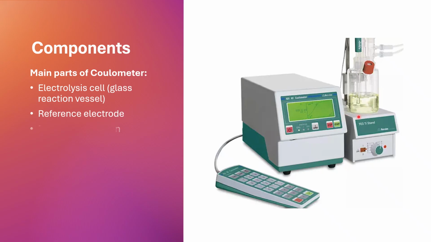And then the electrolyte solution, which is generally available as a ready-made commercial solution. And then the current source. The current source for the galvanostat and potentiostat is inbuilt into this equipment.